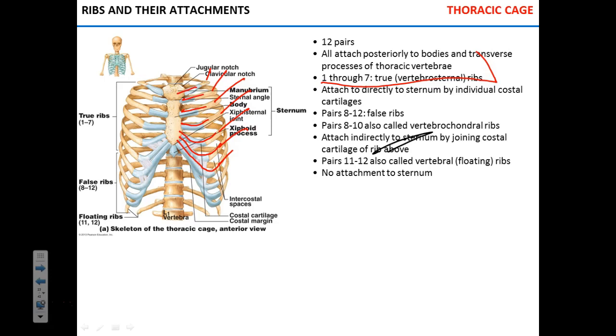So first, second, third, fourth, fifth, no doubt. That's sixth, that is seventh. They are true. Also, they are called vertebro-sternal ribs. Does that make sense? Vertebro-sternal.